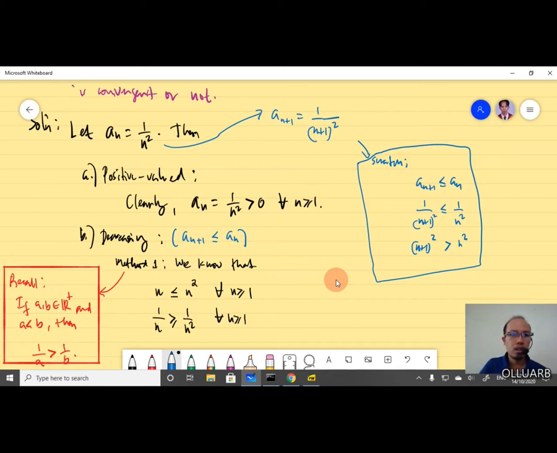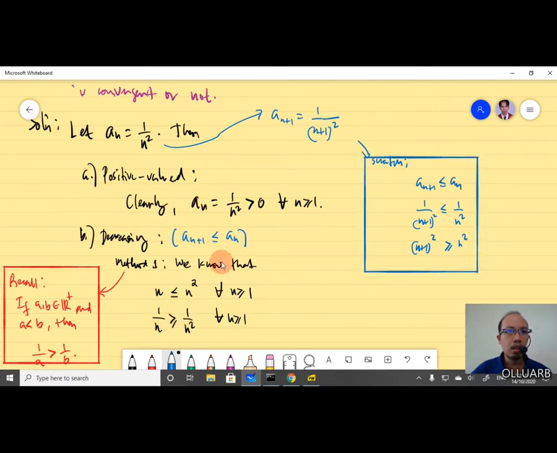So I think I have to get an argument here first. Okay, so I have to erase this and then make the reverse method. I wasn't able to show that a sub n plus 1 is less than or equal to a sub n based on this argument.